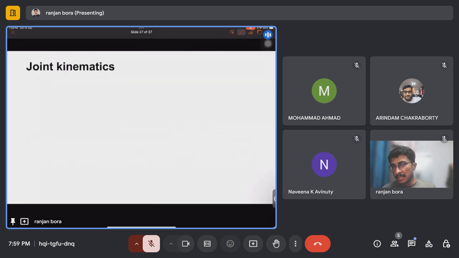Next we will see joint kinematics. So in joint kinematics, like in the week 3 lectures, sir has explained how we can measure the joint kinematics.